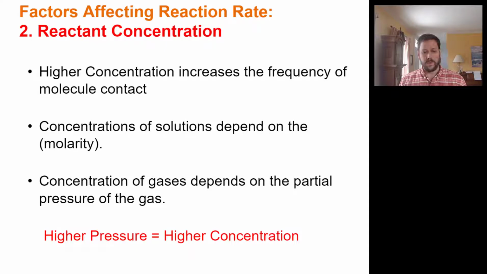We're going to need to remember that partial pressure is going to have the same effect on a gas phase reaction as molarity is on an aqueous reaction. So higher partial pressure or higher molarity means higher concentration and a higher rate of collisions that are effective.